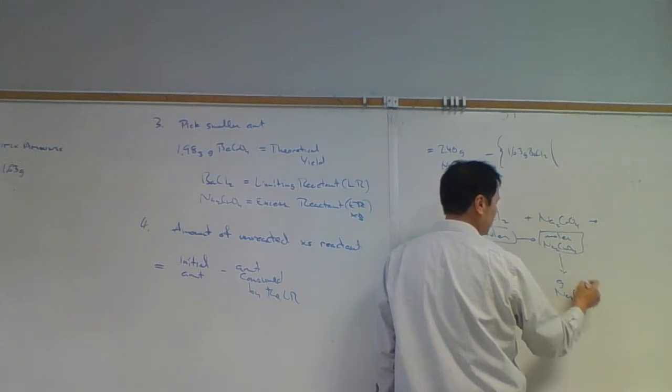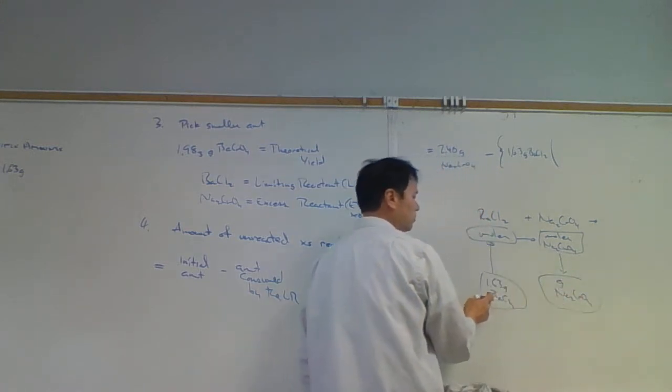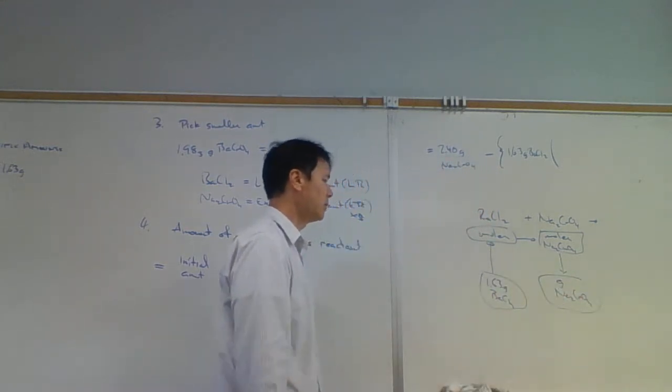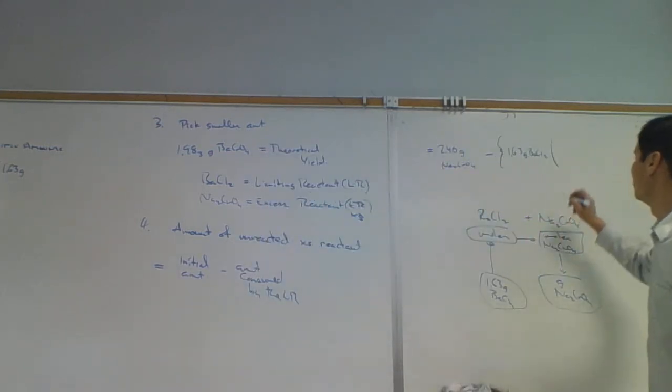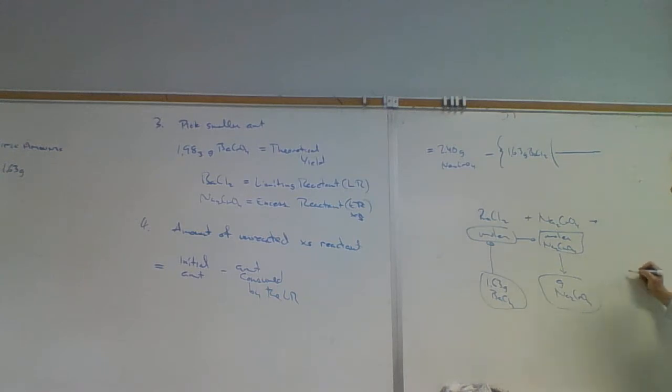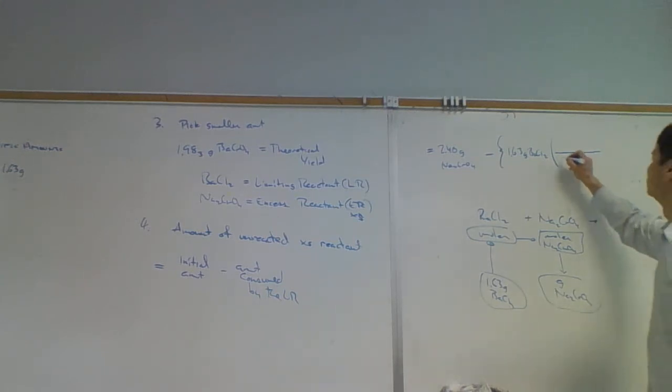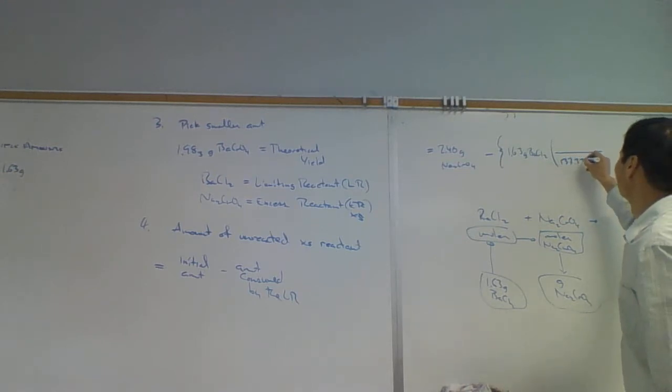This is how many grams of sodium chromate are required to react with 1.63 grams of barium chloride. So we need a gram to mole conversion here. What was the molar mass of barium chloride? 137.33 grams per 1 mole.